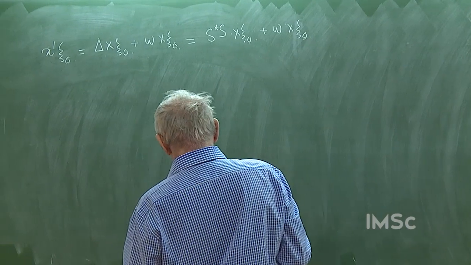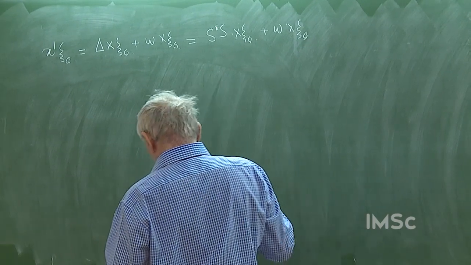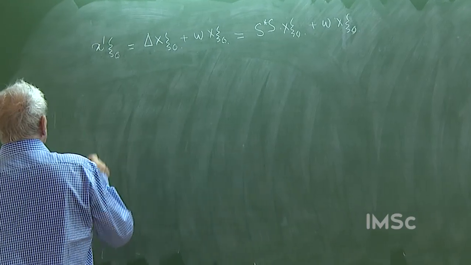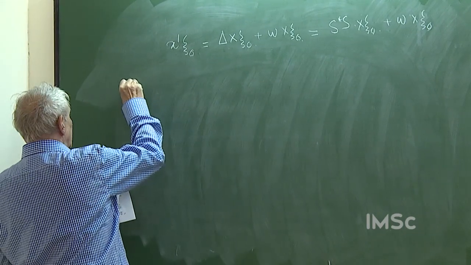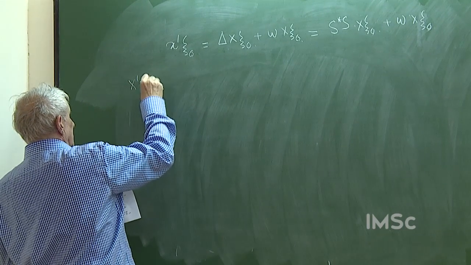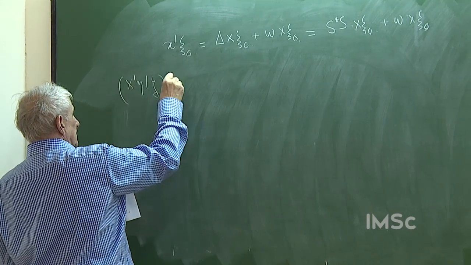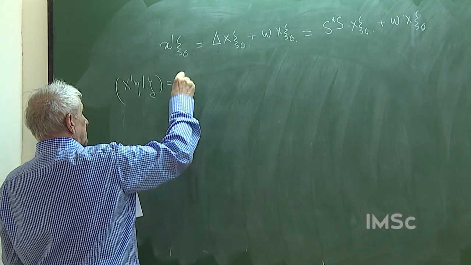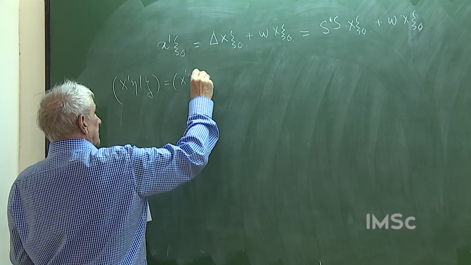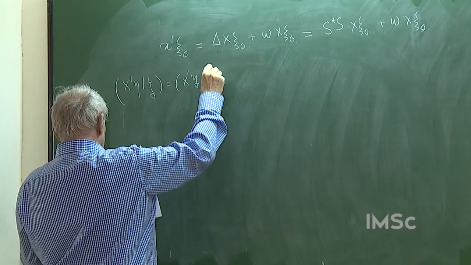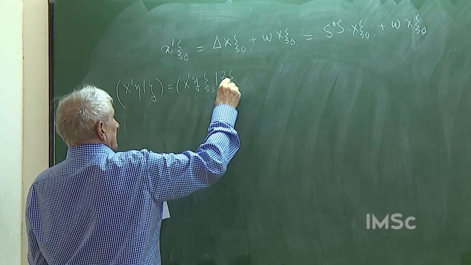Now, because of this, we have the following thing. We have that x prime eta zeta is equal to x prime y zeta naught z zeta naught.